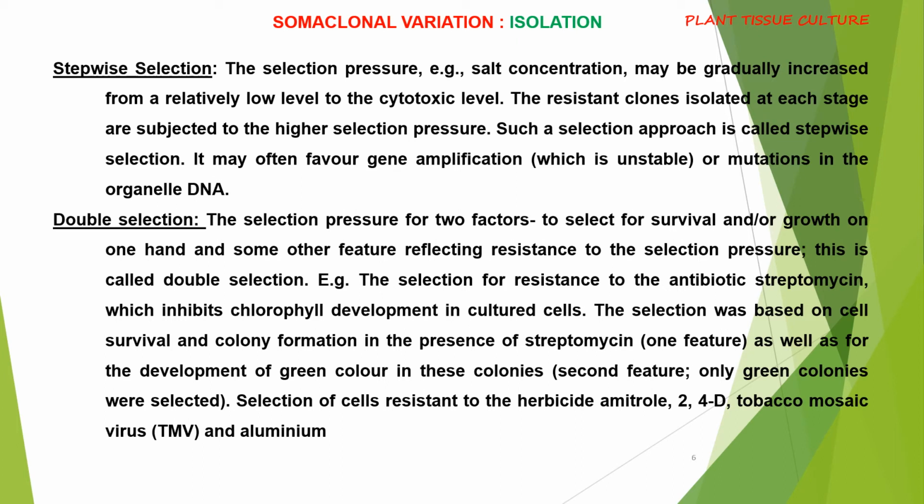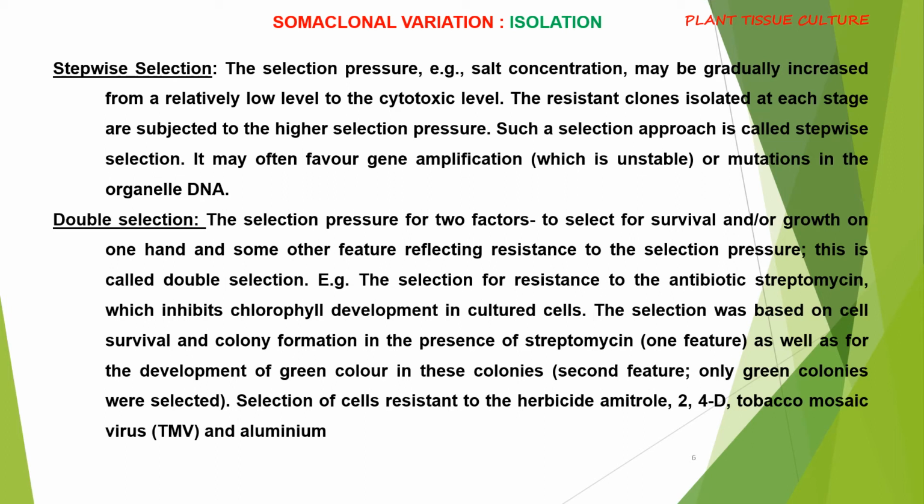Positive stepwise selection. In this method, the selection agent is gradually increased in the media from a low to cytotoxic levels. The variants that survive in these stepwise selections are then isolated and checked for genetic stability. Example, to isolate salt-tolerant lines.